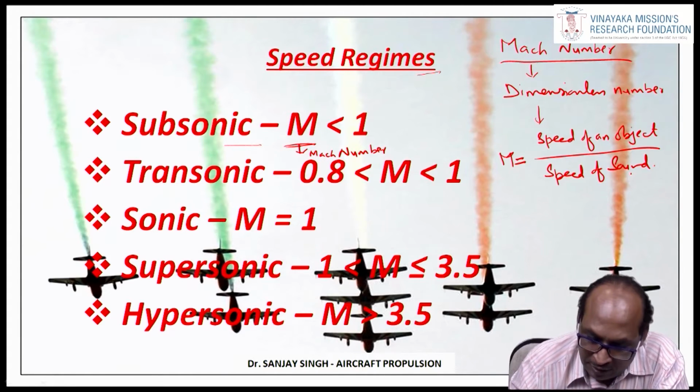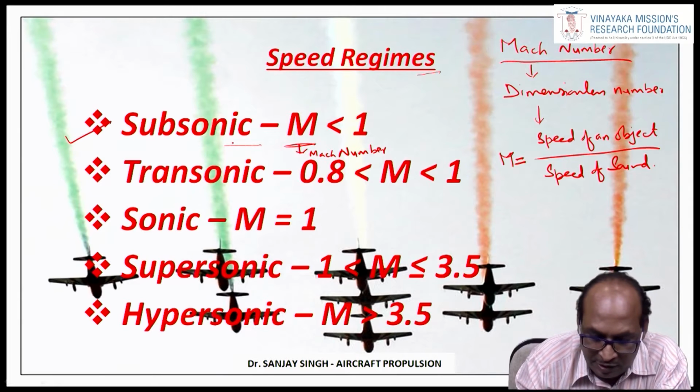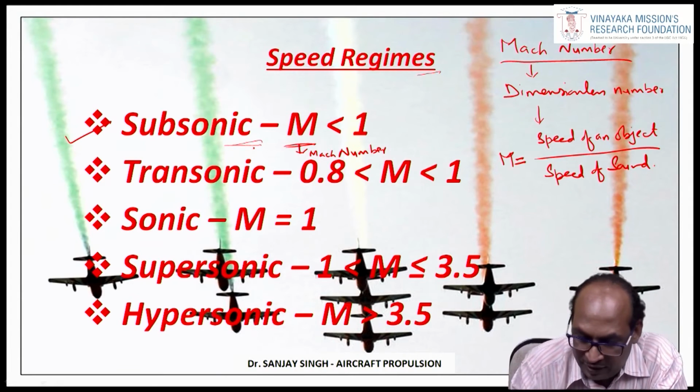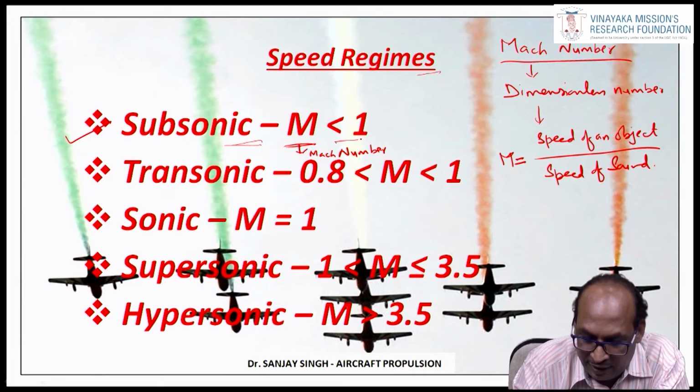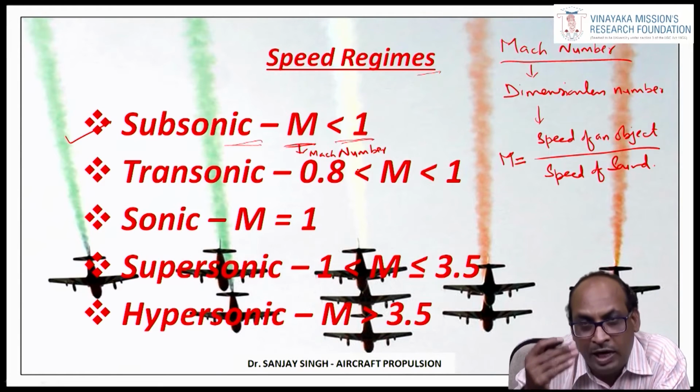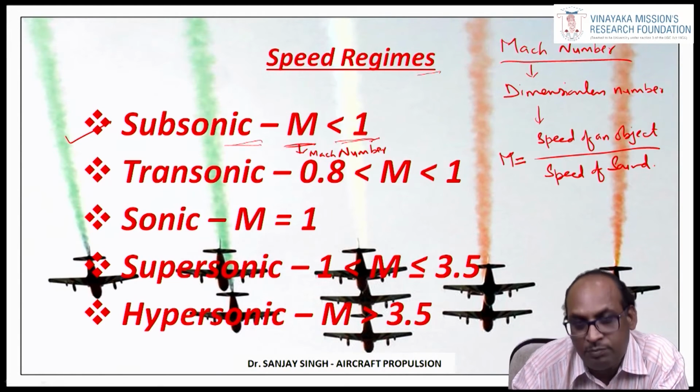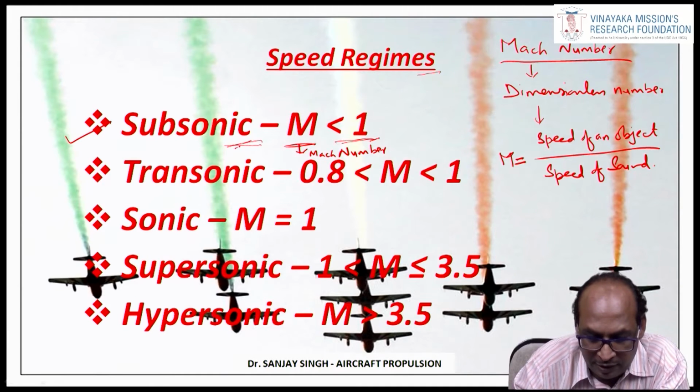Fine. So the very first regime is subsonic. When the aircraft is flying at a speed well below the speed of sound, then it will be called subsonic, which means M is less than 1.